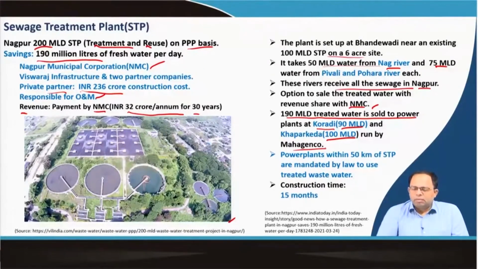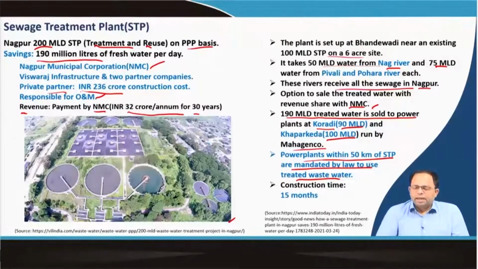So, this is an arrangement where the thermal power plants take the treated water, or this water is reused in the thermal power plants. Now, how is that possible? This is because power plants within 50 kilometers of an STP are mandated by law to use treated wastewater.